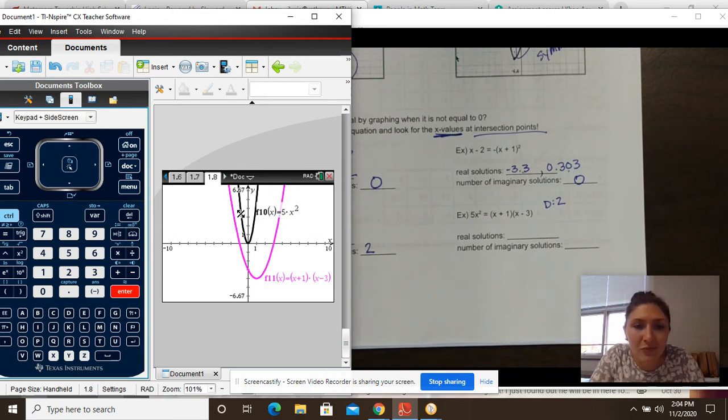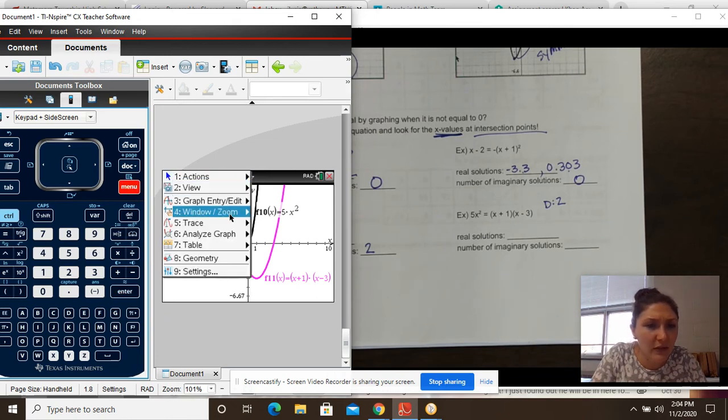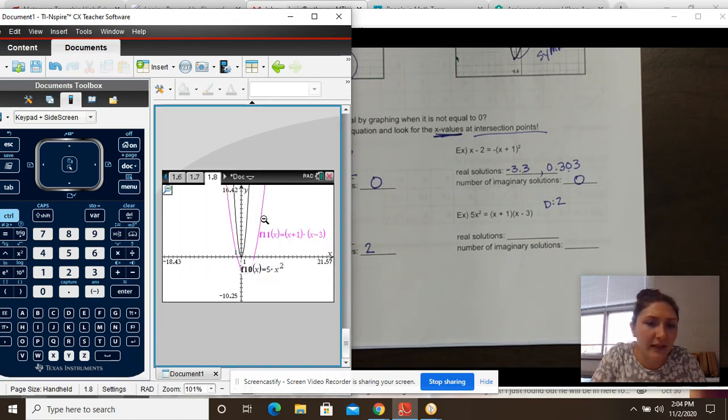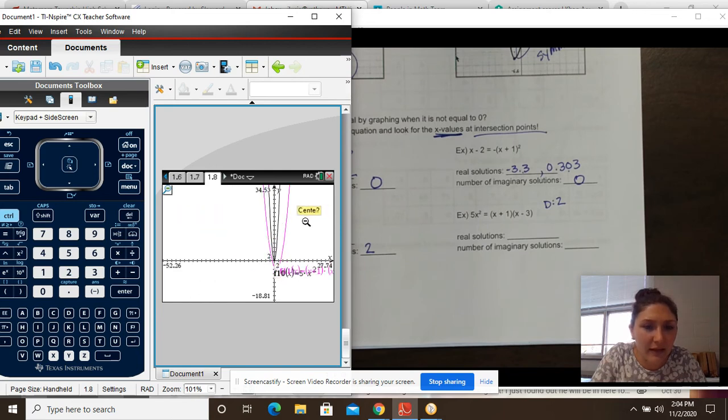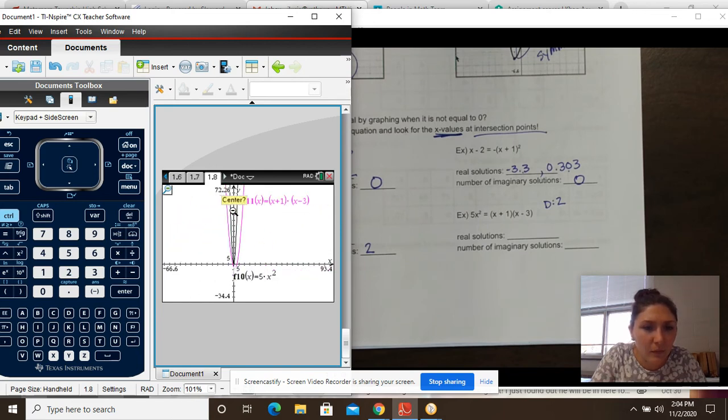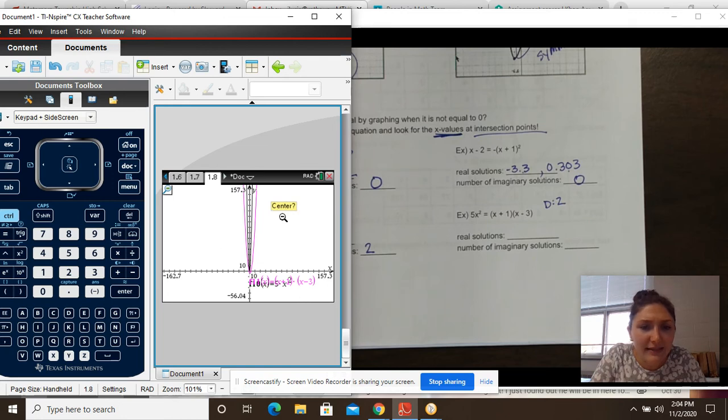So what I want to know is, are they ever going to intersect? Well, we can adjust our zoom here. So let's zoom out a little bit and see what we have going on. Make this the center. You can see that as far out as I'm zoomed, we always have that pinky purple parabola on the outside and the black parabola on the inside.